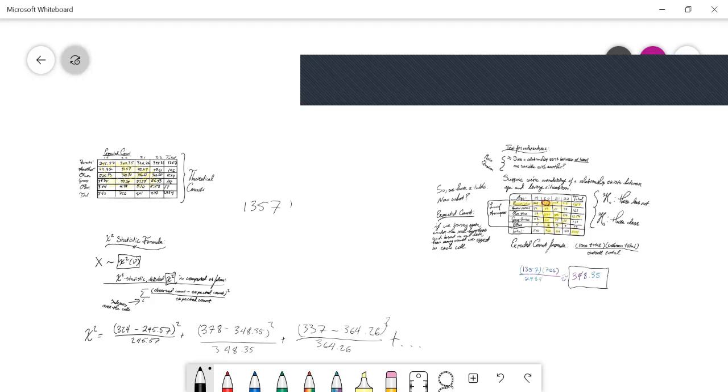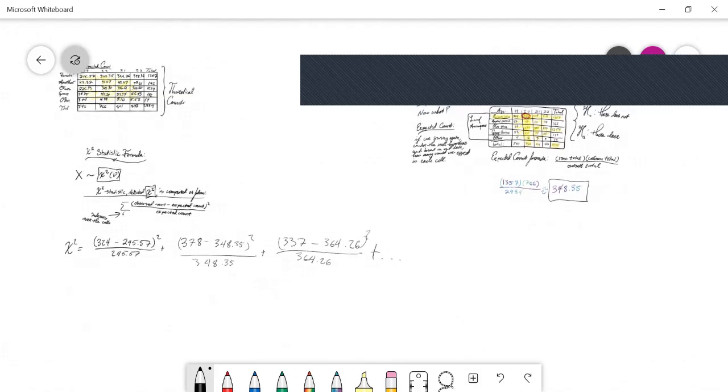The column total would then be 2984 over 2984, which simplifies down to your row total. So we don't actually go over the totals. We just go over the actual data points that we care about.